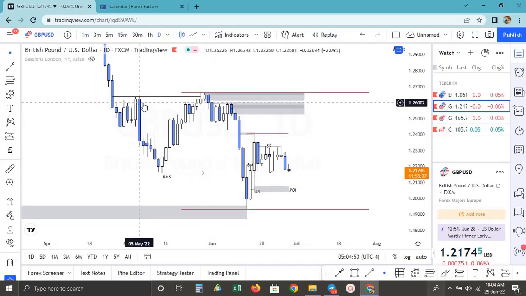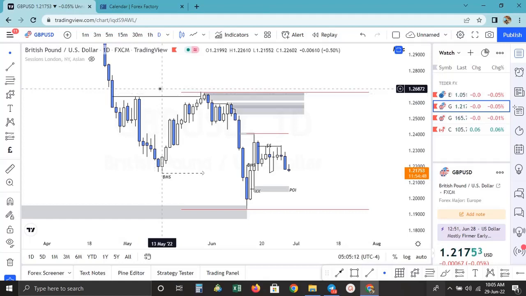We can see how they took out liquidity in the market right from here, because there are retail stops above this resistance. That's for the people that trade support and resistance. There are retail stops above this resistance zone.